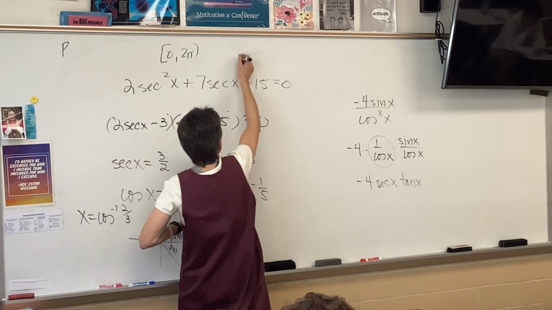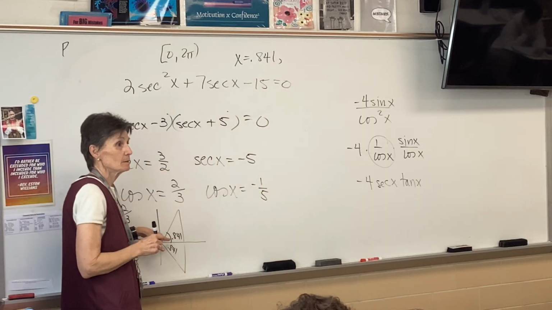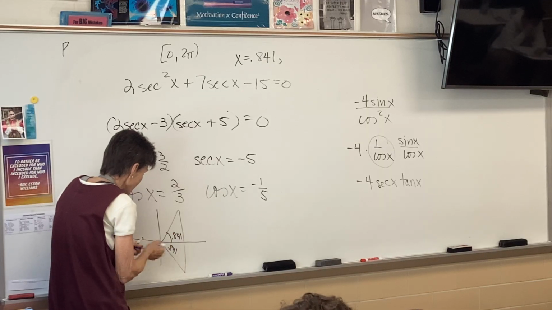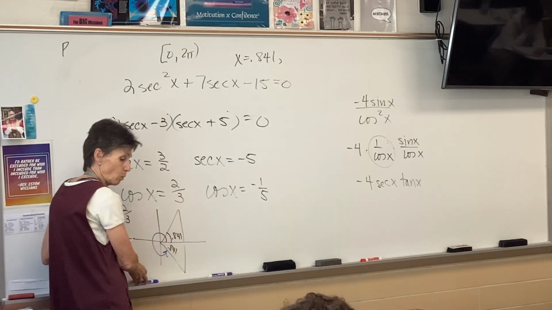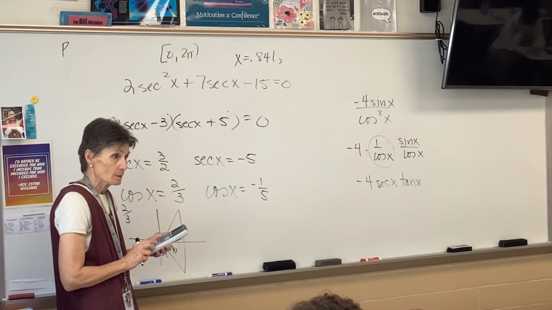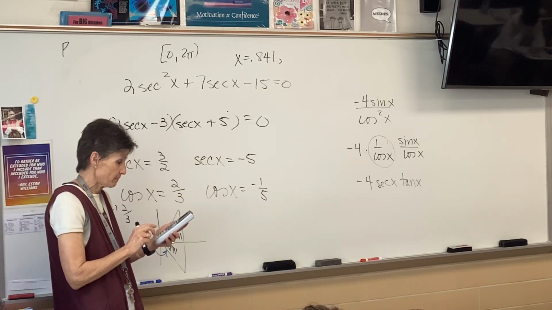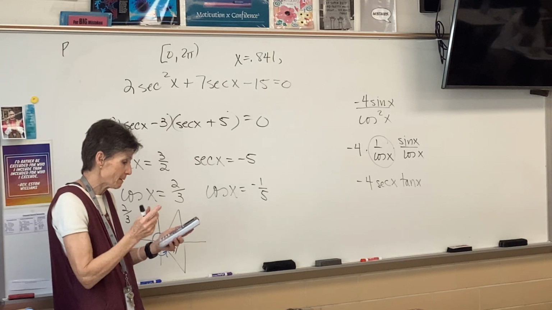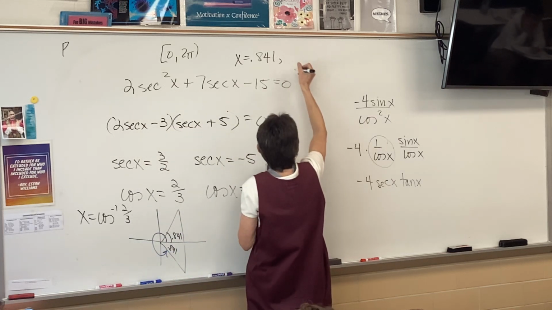Now, how do I find the quadrant 4 angle? 2π minus. Very good, Parker. So 2π minus 0.841, and I got in quadrant 4, 5.442.